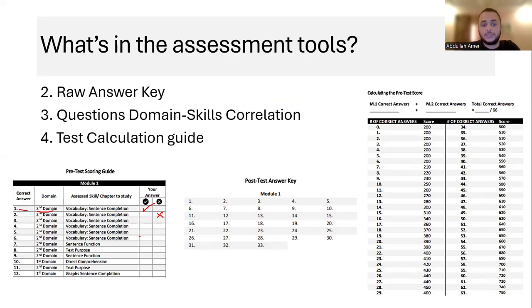Now, by the end, you know that you have a skill problem in these points. So you need to prioritize these points. You need to work on these points first. And so on and so forth. And finally, you can translate your raw score to a band score.